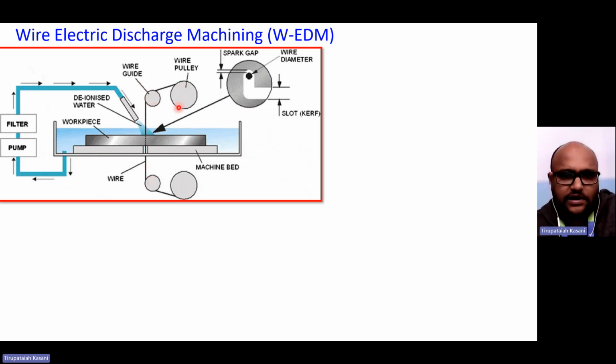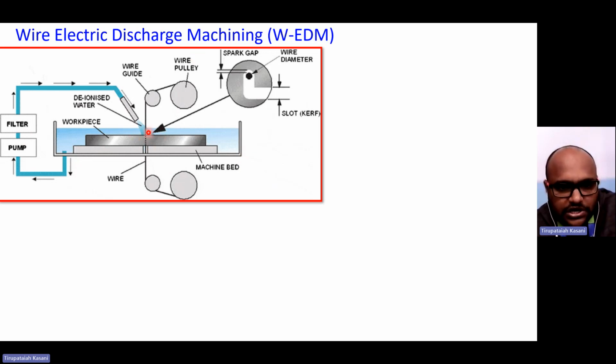After the wire is released by the wire pulley, it passes through like this and winds up here. This is a continuous motion: releasing, guiding, cutting, guiding, and winding, rewinding again. This is the flow of the wire motion, and this is the chamber.